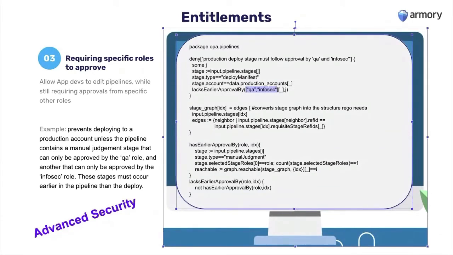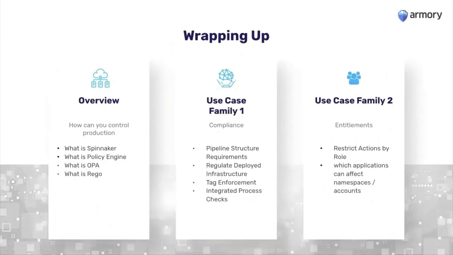So that is an example of how you can maintain separation of duties and enforce that multiple specific manual sign-offs have happened before code can touch your production environment. So I hope you now have an understanding of what Spinnaker is, what Policy Engine is, as well as Open Policy Agent, and that you have a feeling for how these tools can help you to maintain your company's policies as code.